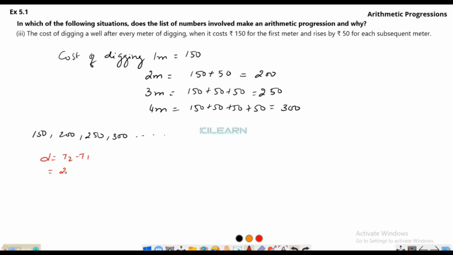T2 is 200 minus 150, which is 50. T3 minus T2 is 250 minus 200, which again gives us 50. As we see the differences are the same, we can conclude that it is an AP.